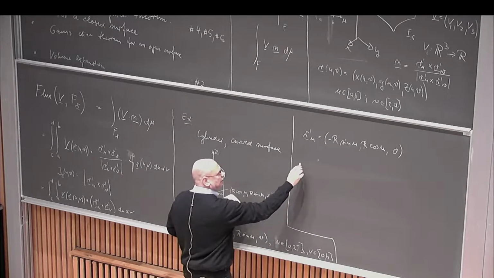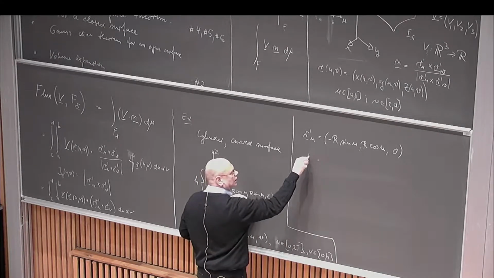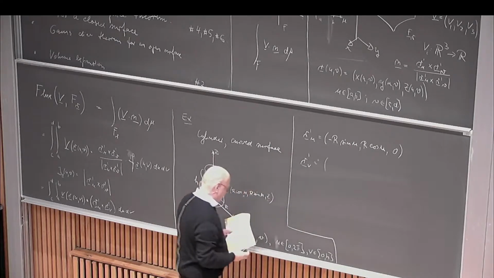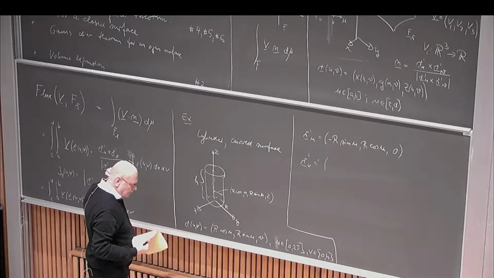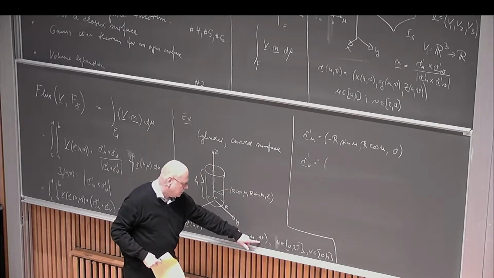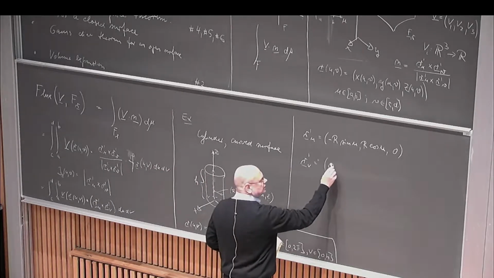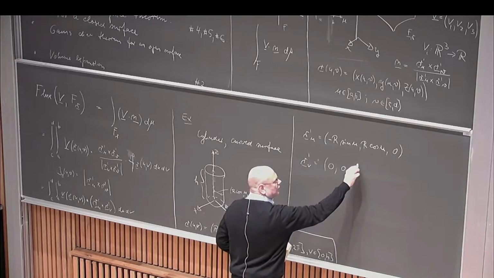And then for the other parameter, here it's only the third coordinate function that depends on v, so you get 0, 0, 1.